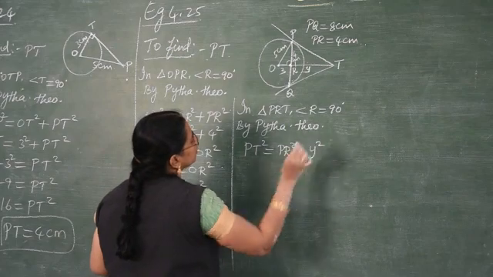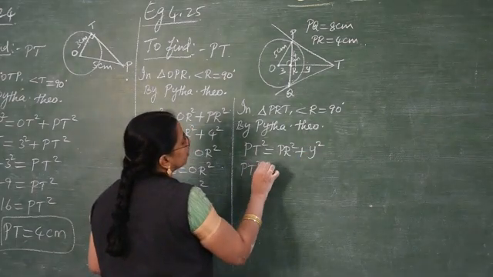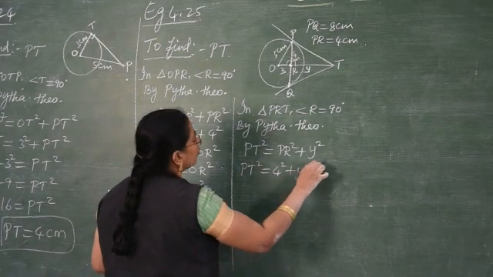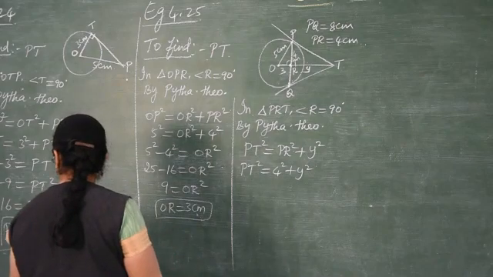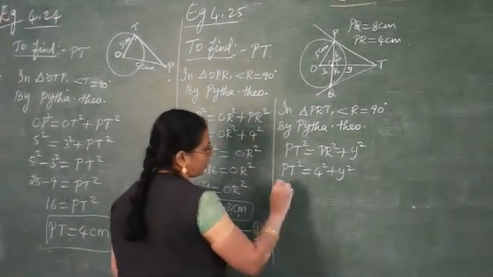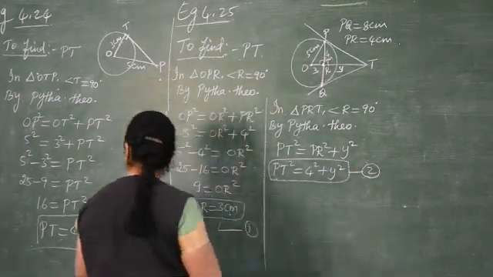RT is nothing but Y. So PT square equals 4 square plus Y square. Let us take this as equation 1, and the PT square value as equation 2.